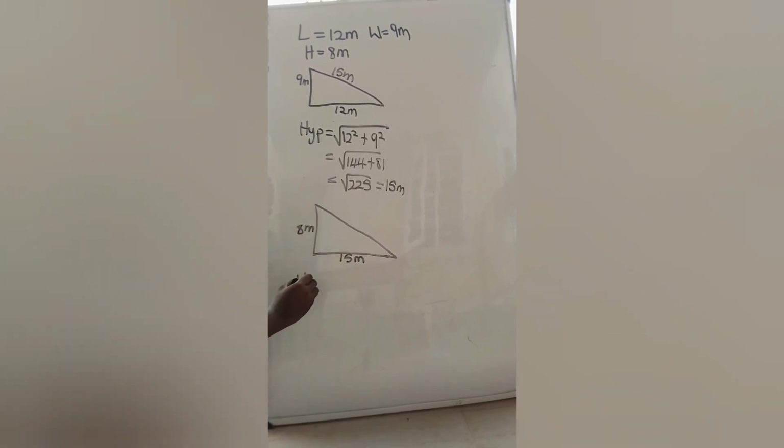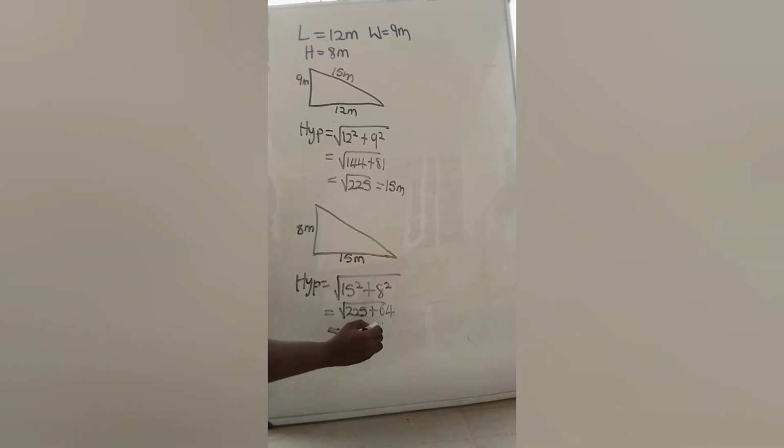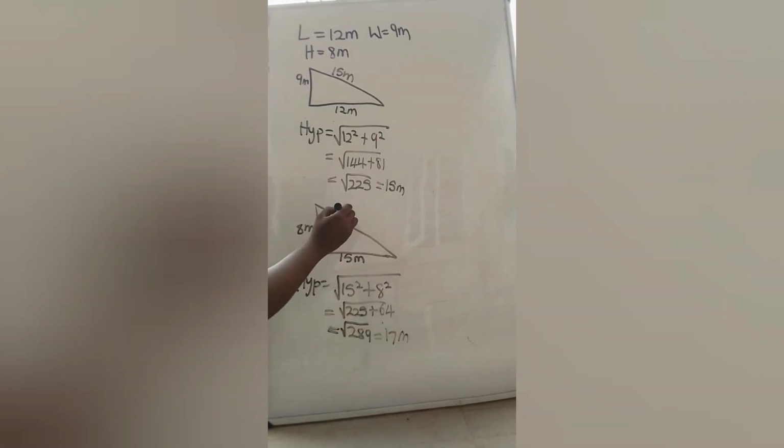So hypotenuse is equal to 15 squared plus 8 squared. 15 squared gave us 225. 8 squared is 64. 225 plus 64 is 289, which is 17 meters. So here is 17 meters.